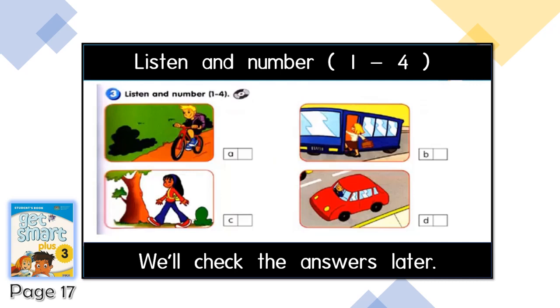Christina, do you drive to work? No, I don't. I always take the bus. 4. Does Mike ride his bike to work? No, Mike never rides his bike to work. He always drives his car to work.